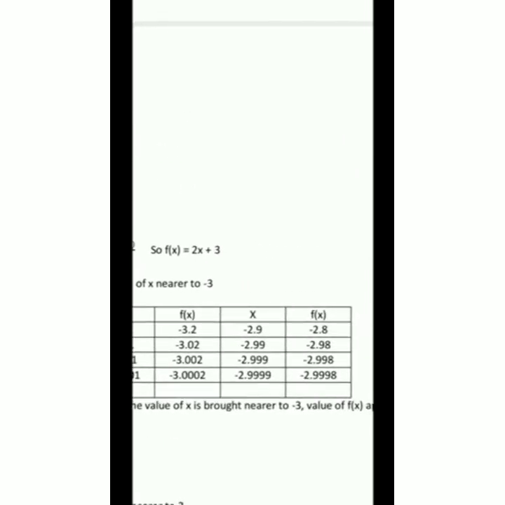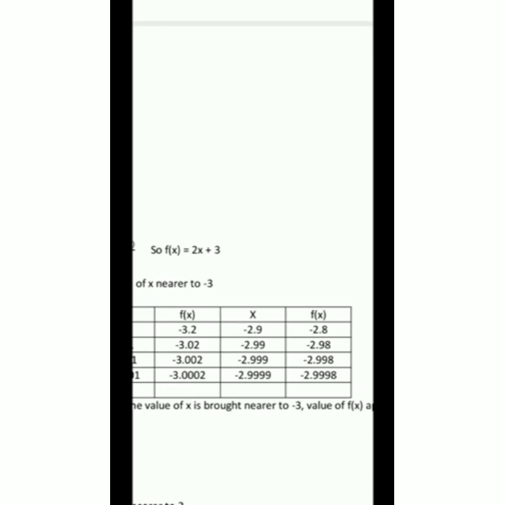Now if we add, minus 3 plus 0.1, the answer comes to minus 2.9, and putting that in f(x) we get minus 2.8. Minus 3 plus 0.01, we get minus 2.99, and the output comes down to minus 2.98.